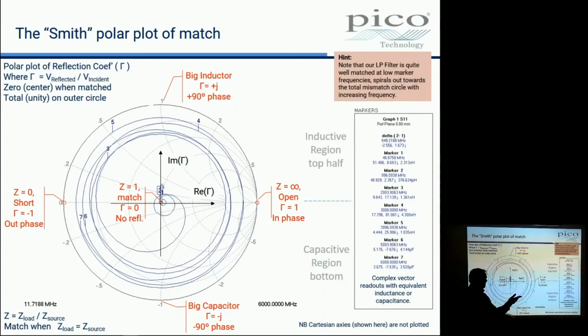This is our low-pass filter still, the low-pass filter that we're displaying here. So markers 1 and 2 are in the middle here. It was quite well matched in the middle, and then as we spiral out, there is increasing mismatch until we get out to the circle, or nearly to the circle, of total mismatch.